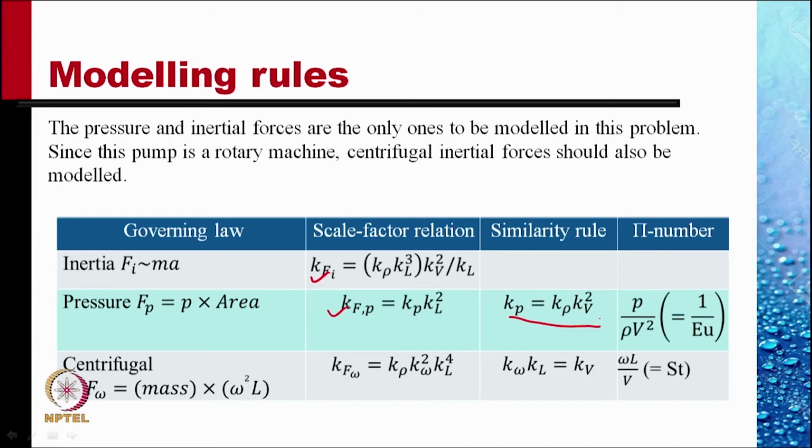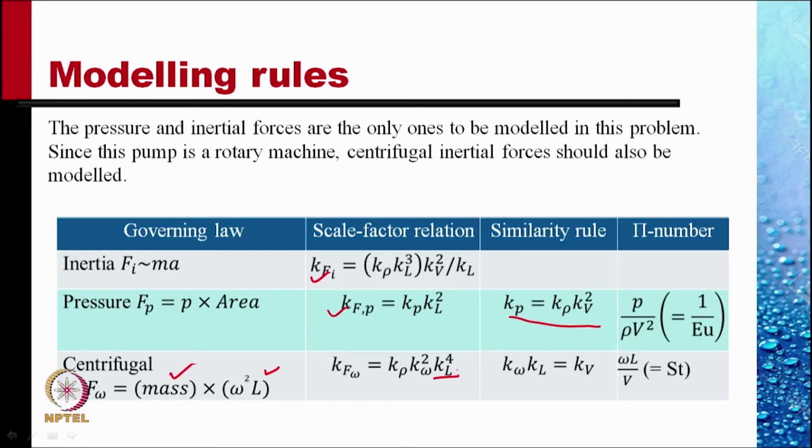The centrifugal force F omega is mass times omega square r, the radius, that's the length. And so the scale factor for the centrifugal force is K rho K omega square into KL raised to power 4. 3 L's from mass and 1 L here. So KL raised to power 4.